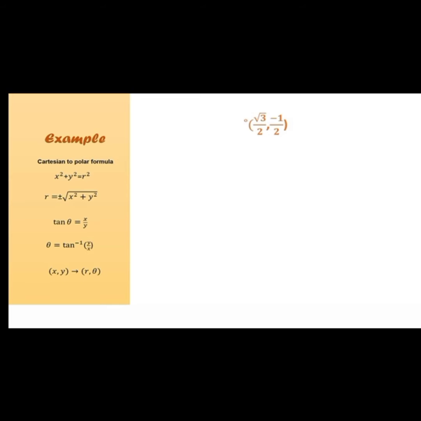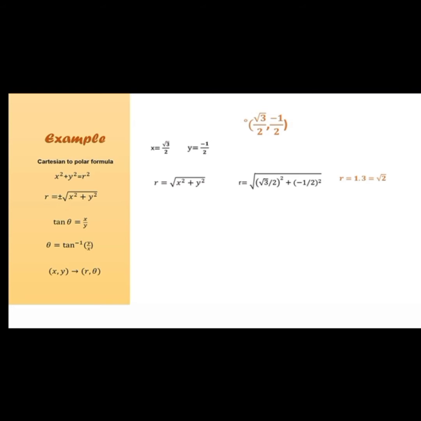We have the Cartesian coordinates. First step, we identify x and y. Following, we substitute in the equation for r, and it is equal to 1.3 or root of 2.